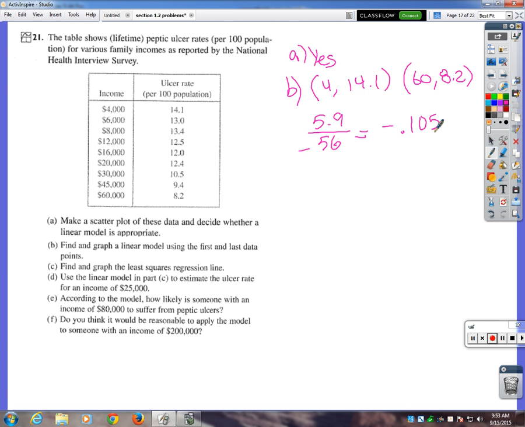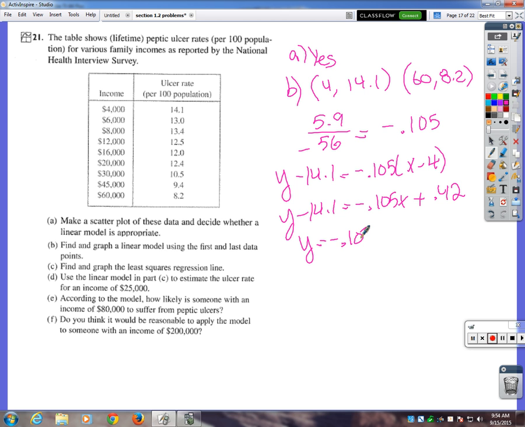Okay. And then which point do you want to use for our control? Point 1, 5, 86, use... Did you do that right?